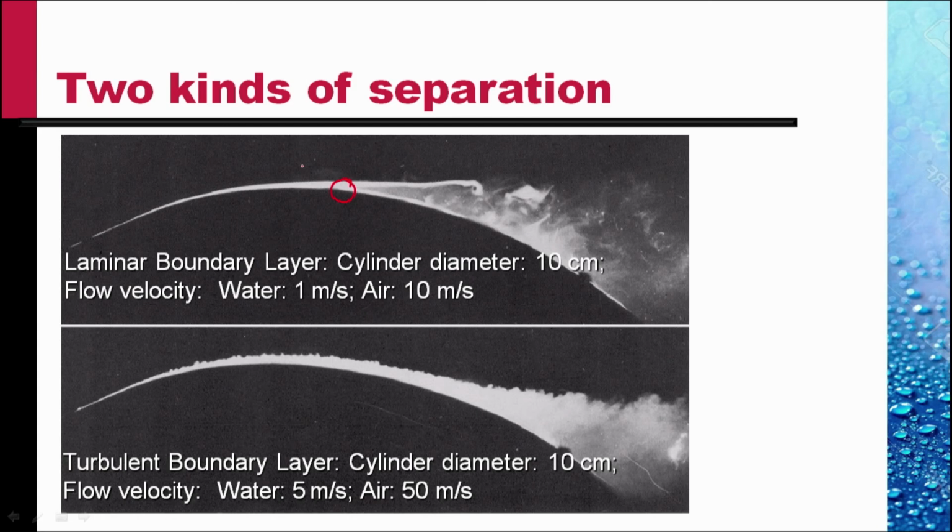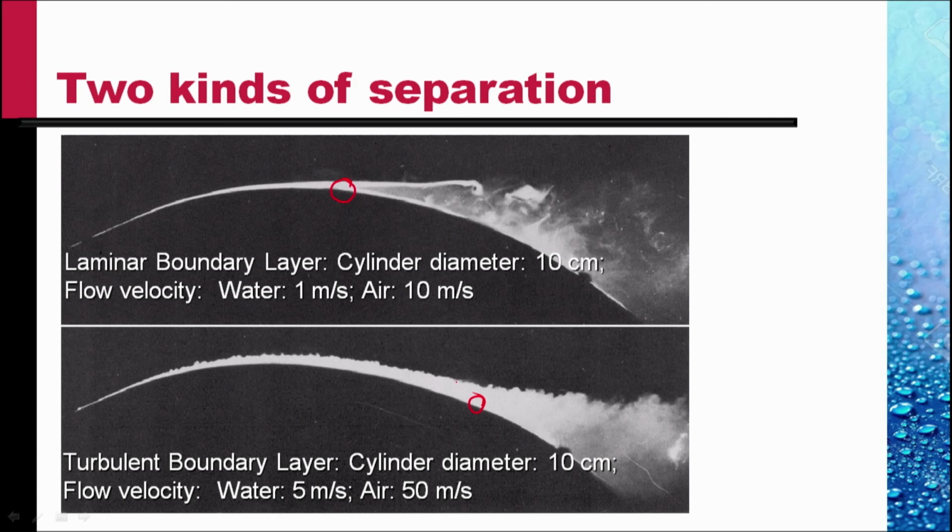If the boundary layer is turbulent, because the Reynolds number is larger, then the boundary layer is more energetic. So the velocity near the surface does not reduce to zero till much later down the stream. And the separation is taking place now at a much later location.